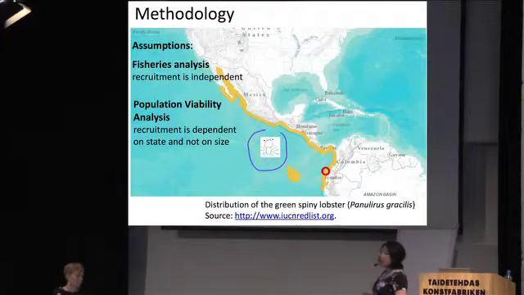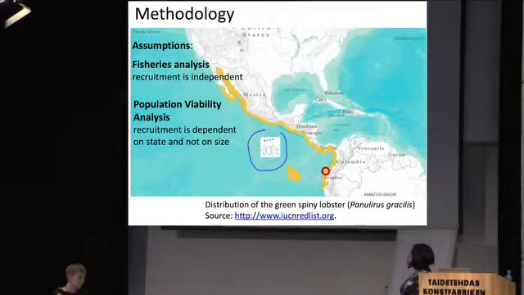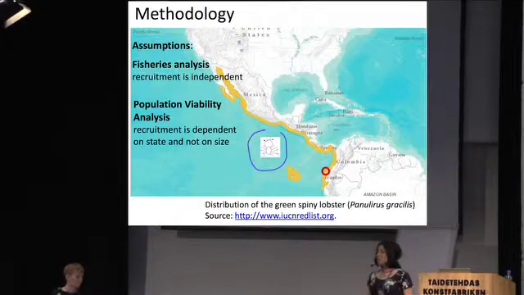Both methods have assumptions, and maybe the most relevant assumption for the fisheries analysis method is that the recruitment is completely independent from the SSB, from the state of the mature adults.